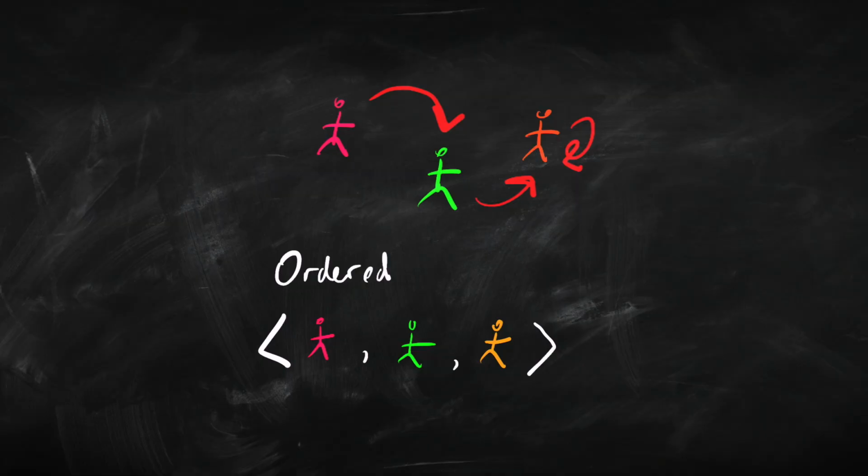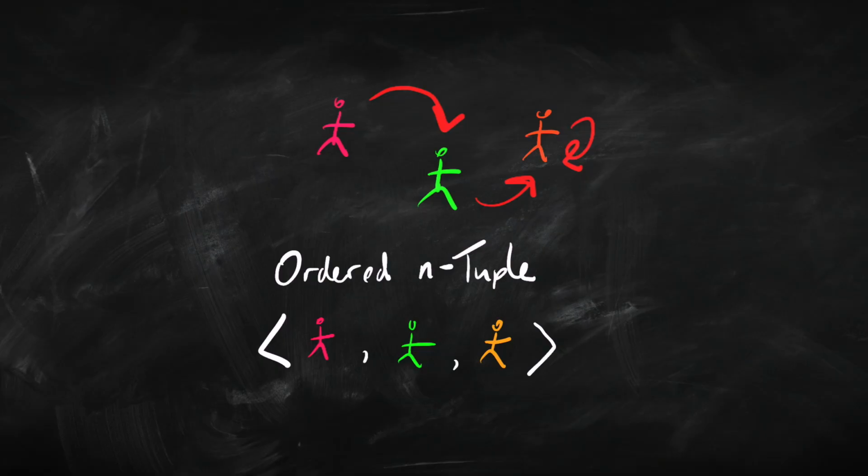The general idea is called an ordered tuple. We sometimes say an ordered n-tuple, where n is a number: a 2-tuple is a pair, a 3-tuple is a triple, a 4-tuple is a quadruple, a 100-tuple, I don't know, a centuple or something. We probably don't have a good word for a gazillion-tuple.